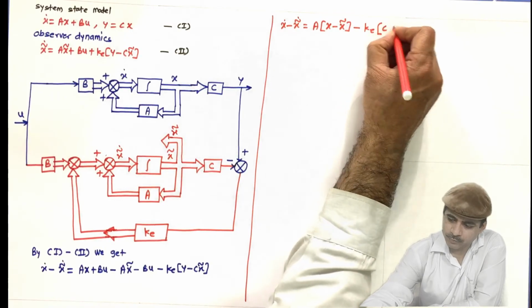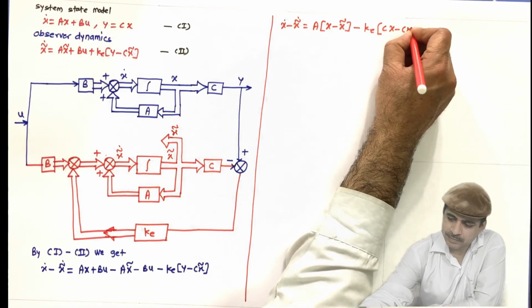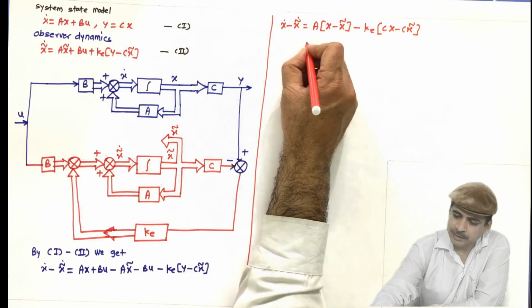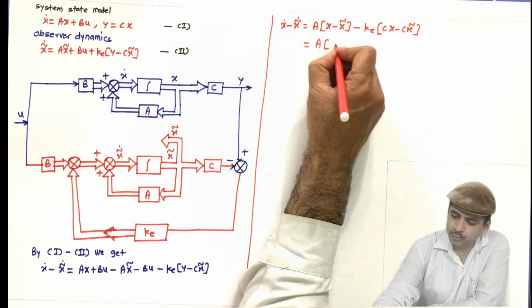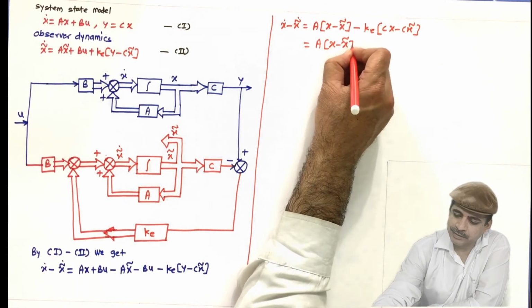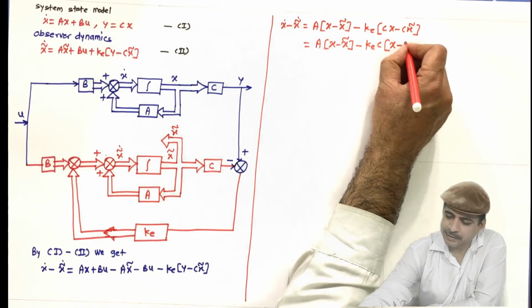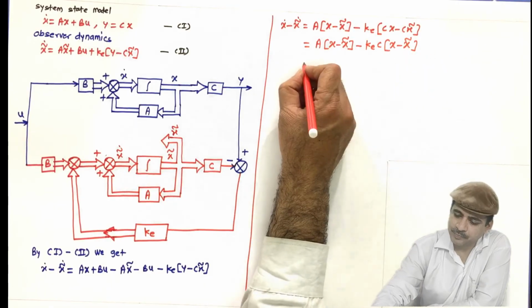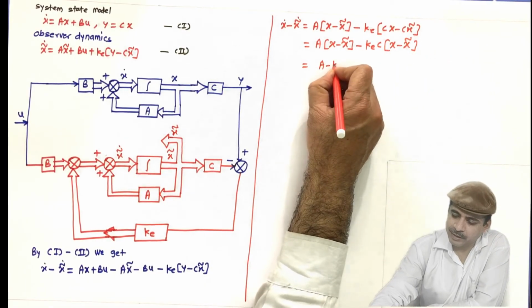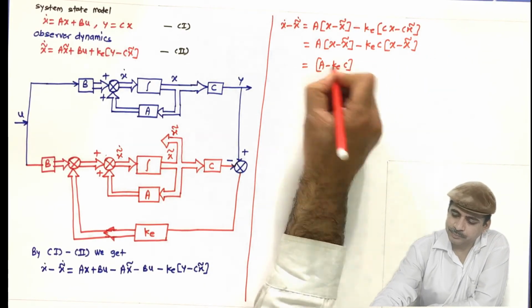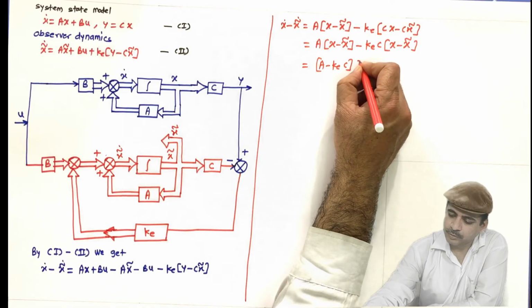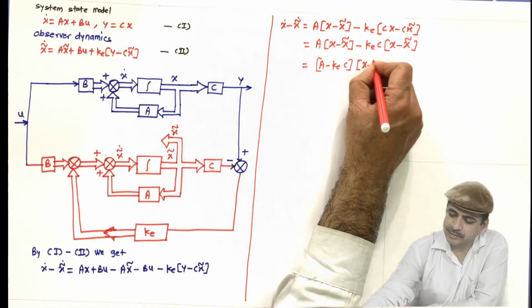Now I will replace y with cx and this gives me a into x minus x tilde minus kec into bracket x minus x tilde, and that is equal to a minus kec into x minus x tilde.